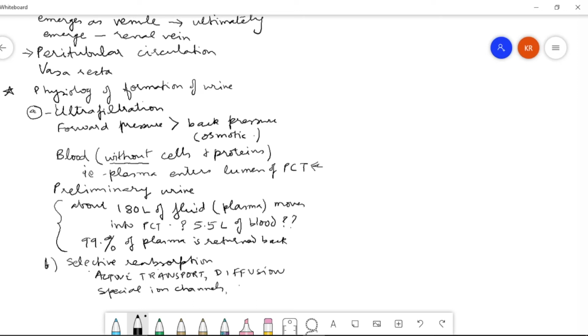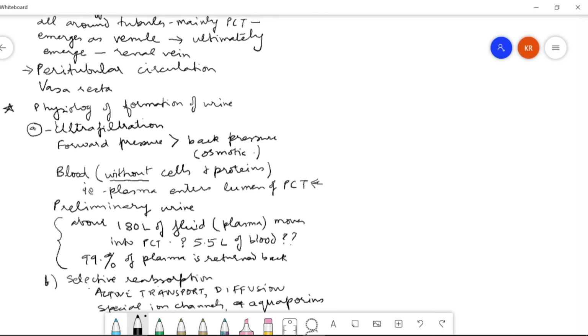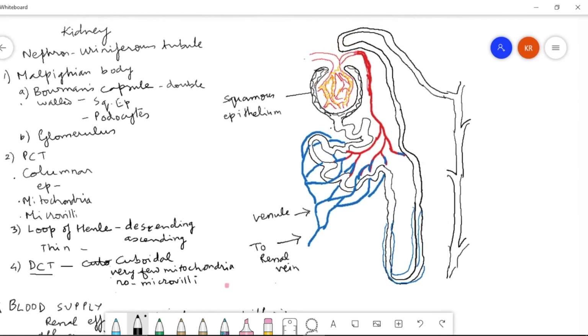Water, of course, moves out through aquaporins. And where is all this located? Let us go back to the diagram over here. In the PCT over here, in the PCT.